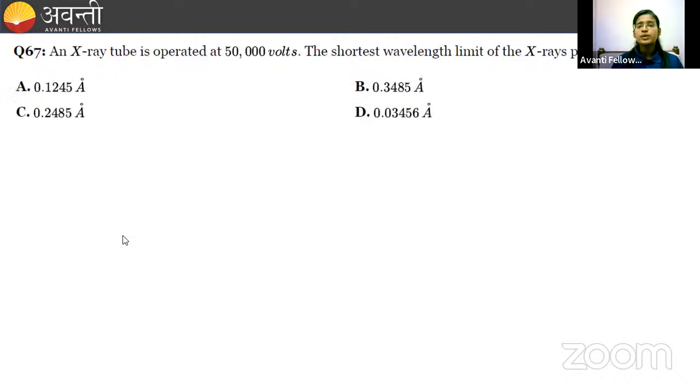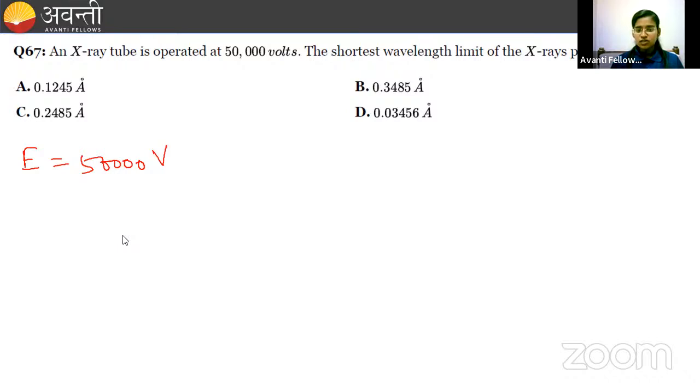An X-ray tube is operated at 50,000 volts. The shortest wavelength limit of the X-rays produced is. An X-ray tube is operated at 50,000 volt, meaning that is the energy value. Okay. So energy is 50,000 electron volt. So we need to convert this to joules first.